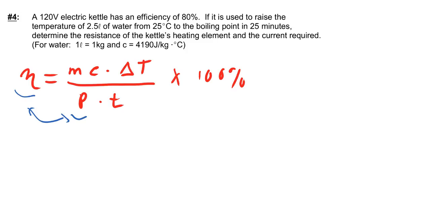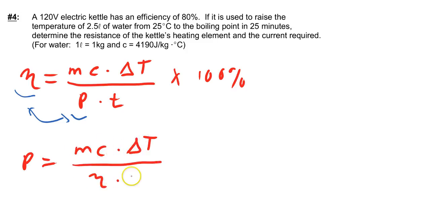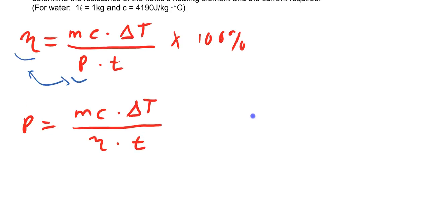And so if we do that, we can write that the power is equal to mc times the change in temperature divided by the efficiency times the time in seconds. And if we write the efficiency as a decimal, we can ignore the times 100% in that formula.